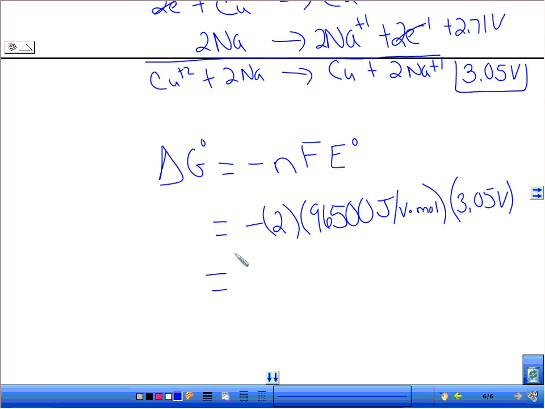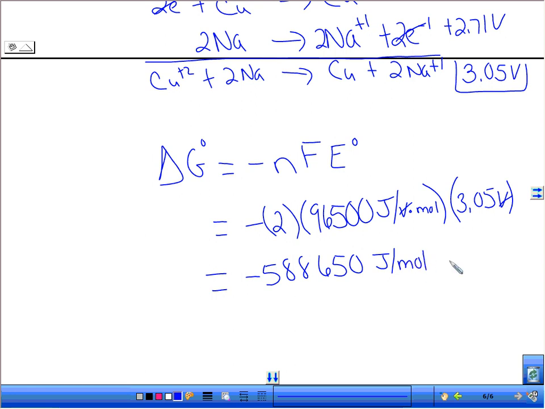And let me get my calculator because I don't have this written down. Negative 2 times 96,500 times 3.05. Get a really large number, 588,650. If we look at some units canceling, volts is going to cancel. You're going to be left with a joule per mole.